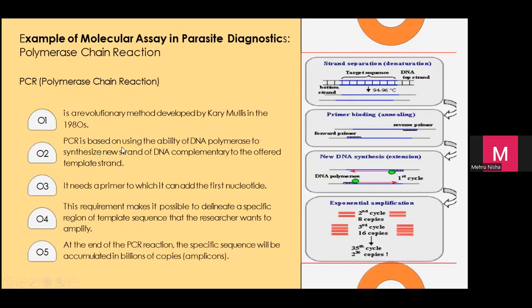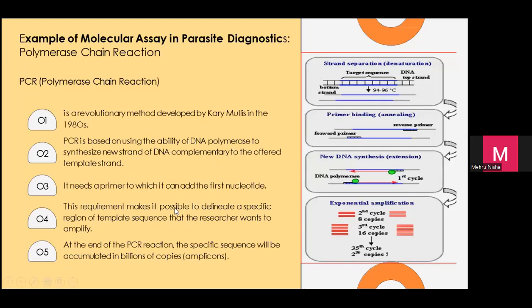So PCR is based on the ability of DNA polymerase to synthesize a new complementary strand using deoxynucleoside triphosphates. It needs a primer to bind.